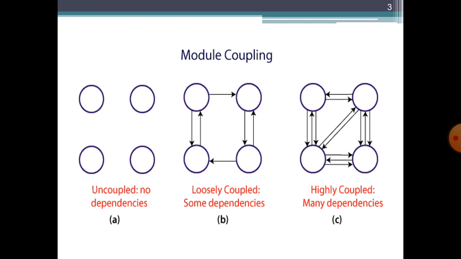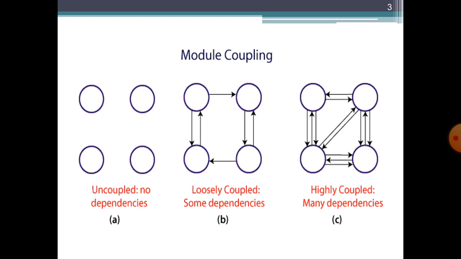If you see in this diagram, in figure A there are no dependencies, because it is uncoupled. One node is not connected to or interacting with another module. In another diagram there are some dependencies between modules.